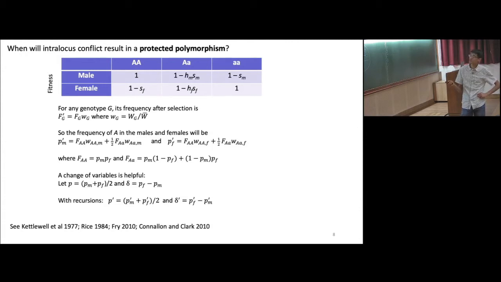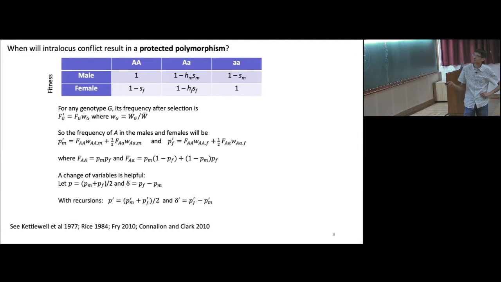Oh, sorry, I said that wrong. This is the frequency in the male gamete pool that created the population, and the frequency of big A in the female gamete pool that created the population. And it turns out, rather than using those 2 variables, that it's better to change variables and use the average allele frequency and the difference in allele frequency.